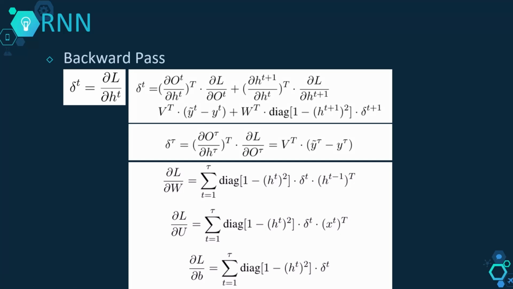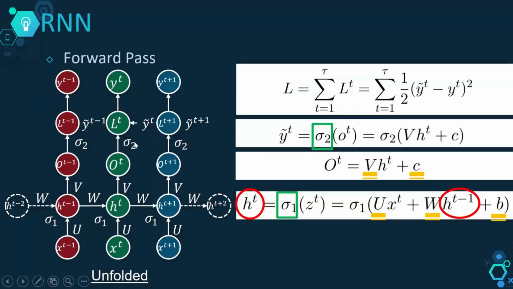You will see that this partial L, partial H_t for the current layer is related to the partial L, partial H_t in the next layer. So that is a tricky thing. You go backward. If you want to get a gradient here, for example, the gradient will come from two things. One comes from the top, from Y_t, the comparison to Y_t and the loss. The other one comes from the next H_t+1, because there are also connections in two directions. One is the vertical one, this one. That's why we get this.